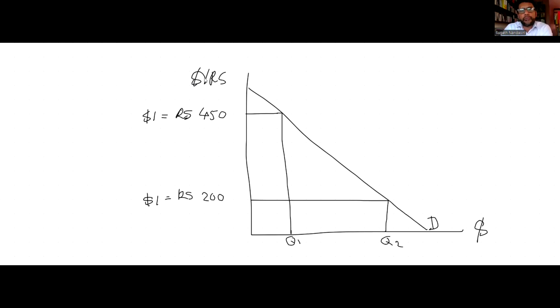Then supply of foreign currency. To understand the idea of supply of foreign currency is a little difficult compared to this part. Why? Because in your foreign currency market, you should first earn foreign currency.